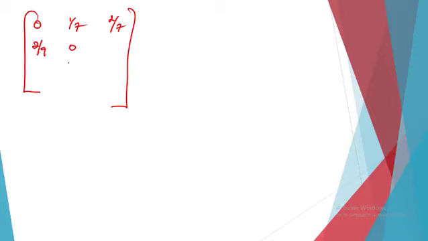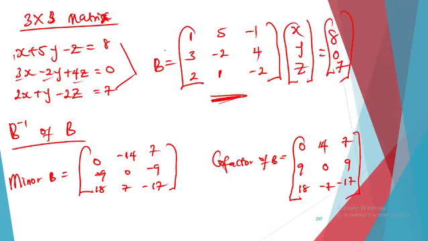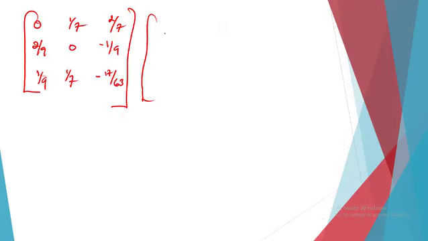We have 0, and then we have minus 1 over 9. We have 1 over 9. We have 1 over 7 minus 17 over 63, and this is times what? The number at the right hand side of the equation, which is 8, 0 and what? 7. So 8, 0, 7.